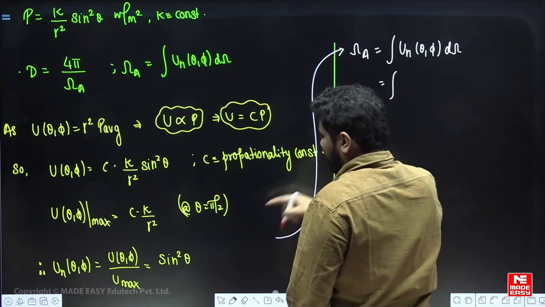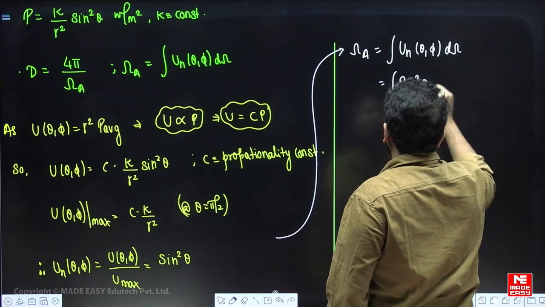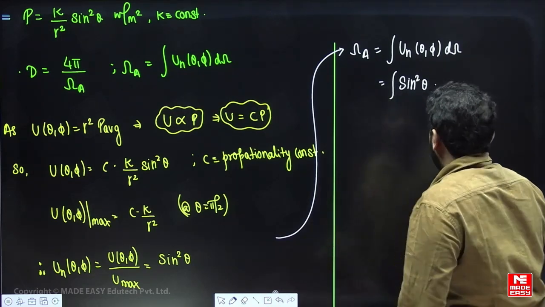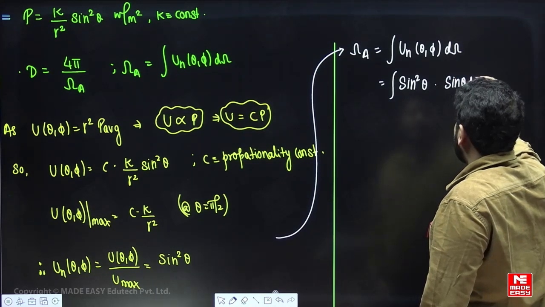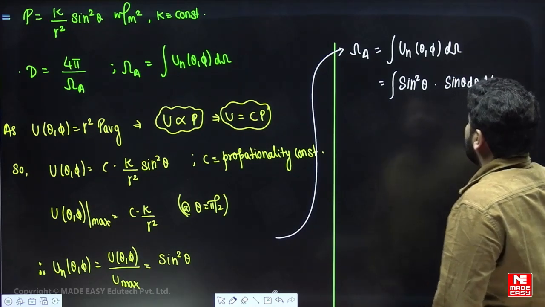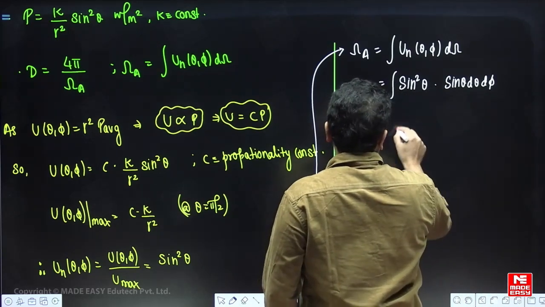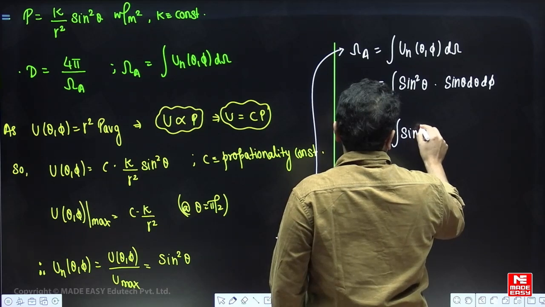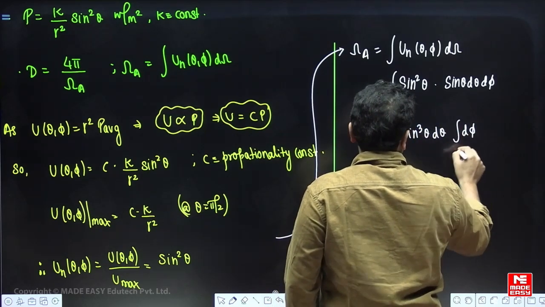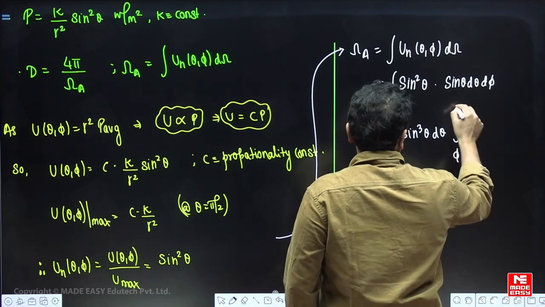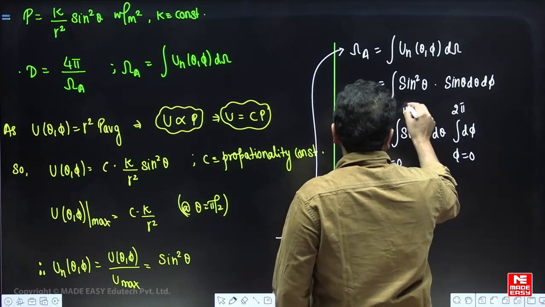Un(theta, phi) is your sin square theta, right, into d omega, which is sin theta d theta d phi, correct. So this is the value I am going to get. Therefore this is equal to integration of sin cube theta d theta times integration of d phi. Phi is from where to where? 0 to 2 pi, and theta is from where to where? 0 to pi.